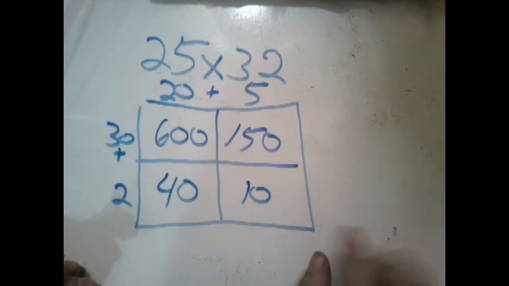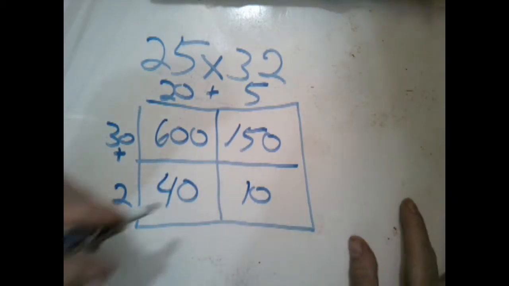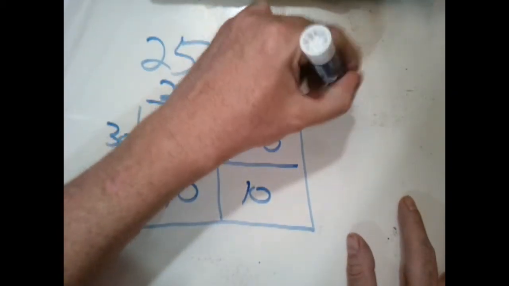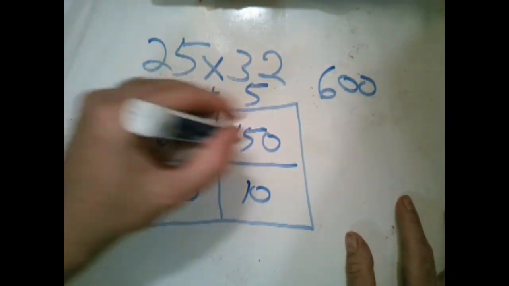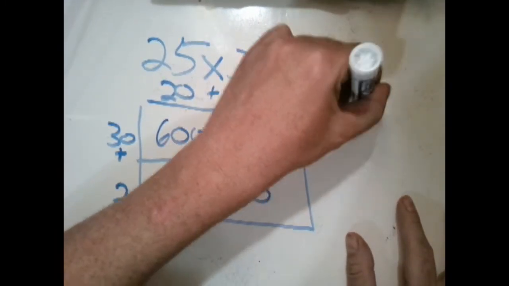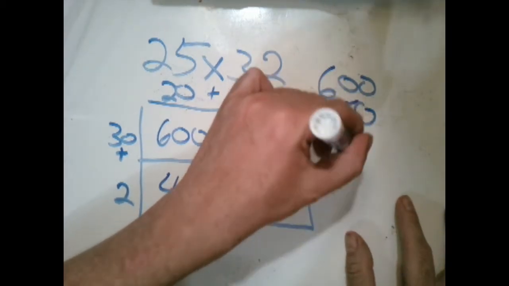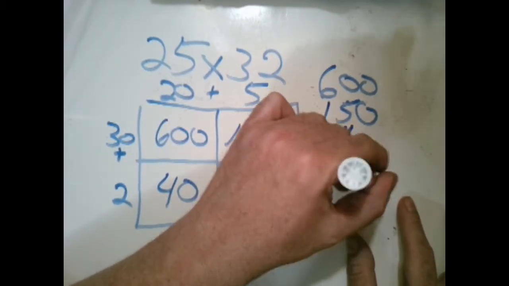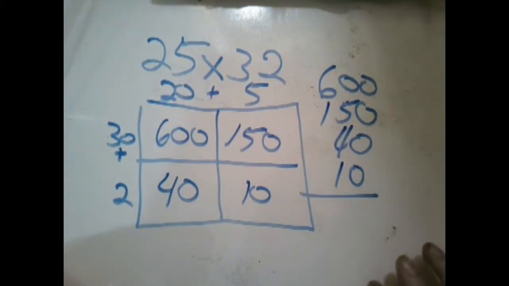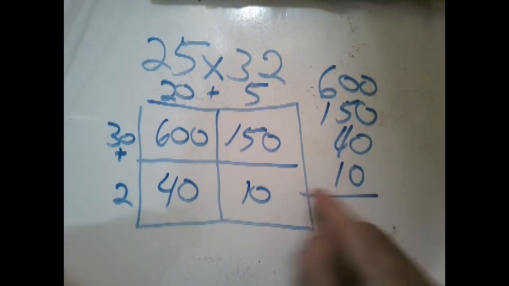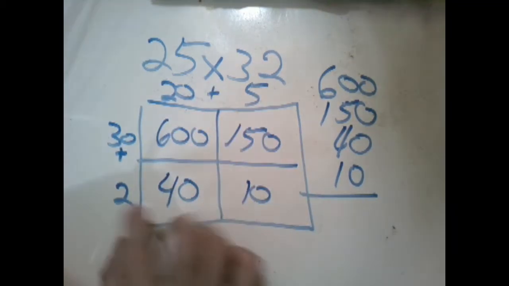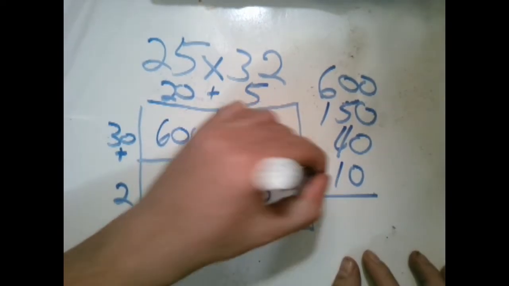So now all we have to do is add those up. So we're going to go over here and go 600 plus 150 plus 40 plus 10. Just make sure, students, parents, this is the problem they're having: lining them up correctly, place value. If they get the multiplication, they have to add them together.